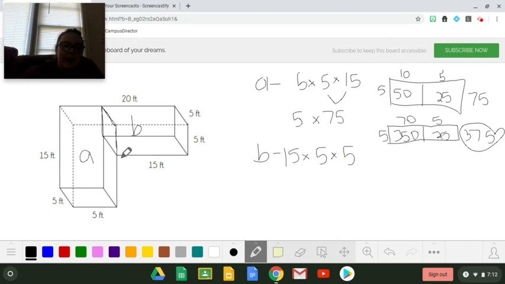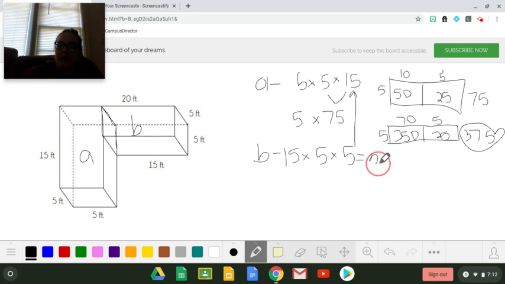Because we have that length, that height, and that width. Now, this length makes a lot of sense to me because like we looked at in the other one where we had to subtract, this whole thing back here is 20 feet, and it looks like we have 5 and 15. So that makes sense to me that 15 plus 5 would equal 20. Now, 15 times 5 times 5, does that look familiar? It looks familiar to me. 5 times 5 times 15, so we've already done that math. So part B actually is equal to 375 as well.